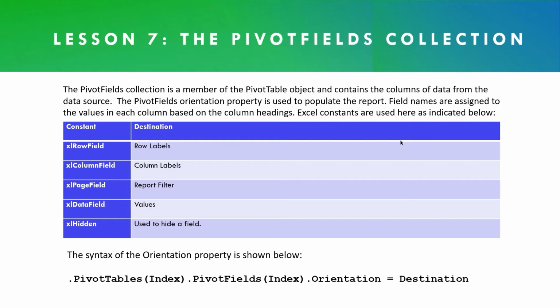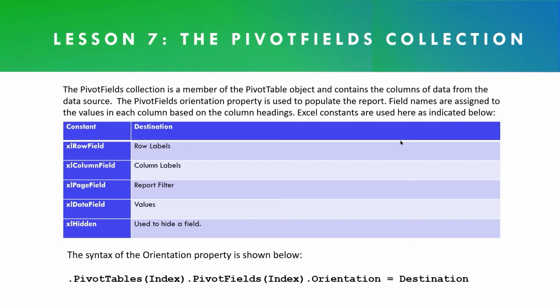The pivot field's orientation property is used to populate the pivot table report. Field names are assigned to the values in each column based on the column headings. And Excel constants are used here as well. If you're used to pivot tables, you have row labels, column labels, you have report filter, you have values.